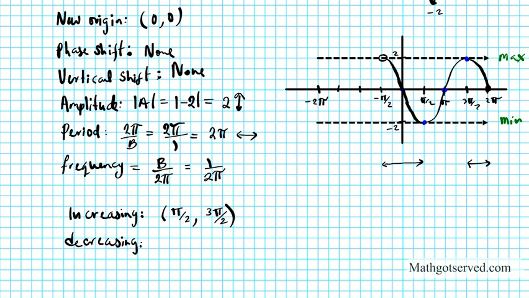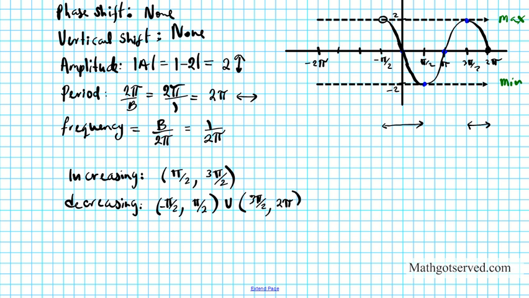So it's decreasing from negative pi over 2 all the way down to pi over 2. Alright, and then we're going to unite that with the next interval, which is from 3 pi over 2 all the way to 2 pi. Alright, so there goes the decreasing value.